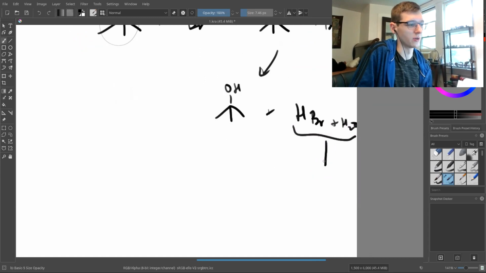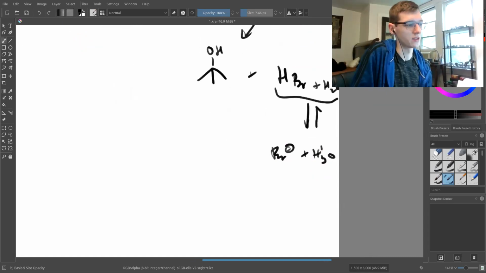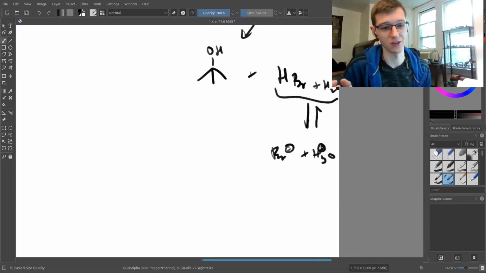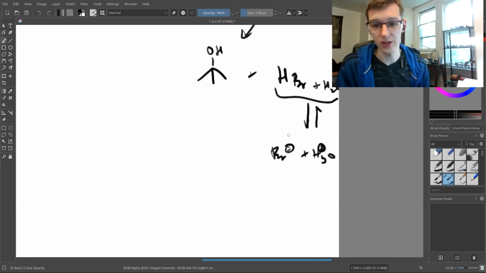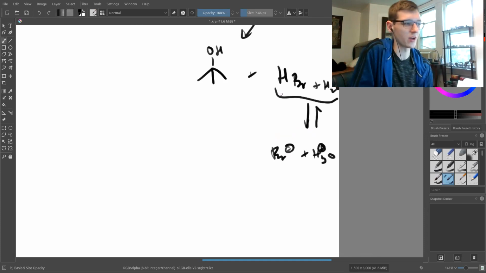And these two are gonna do this, right? So it doesn't make a difference really. This is gonna happen at the end no matter what, and so whichever one you draw it as, whether you draw the bromine taking off the hydrogen, or the water taking it off, either way you're gonna get either scenario 1 or scenario 2.